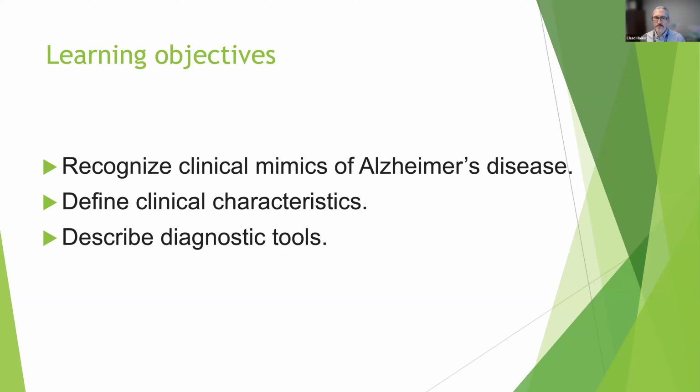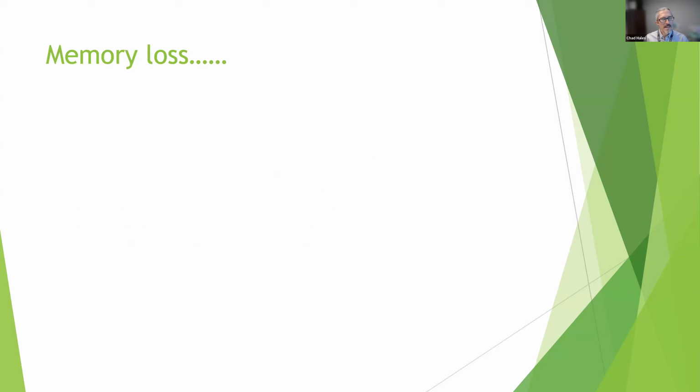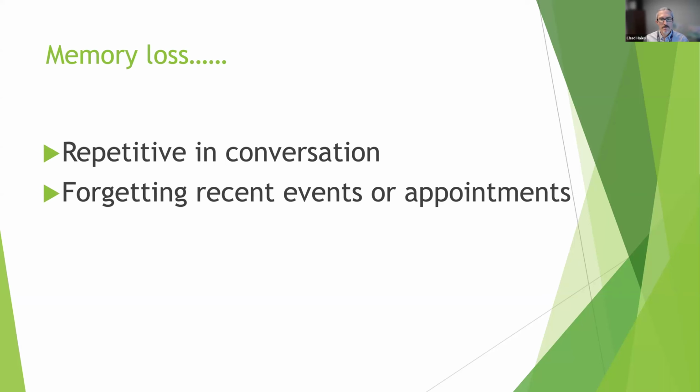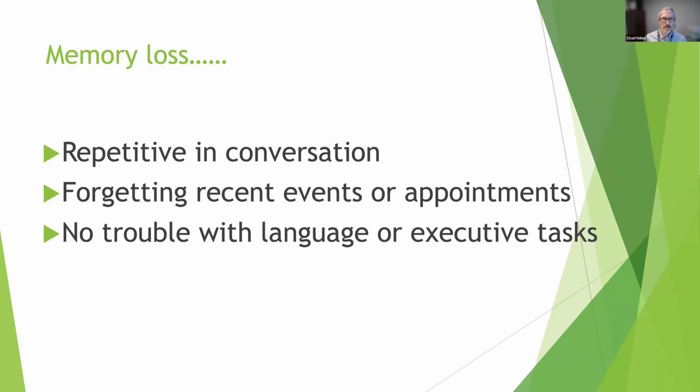So I'm not going to present a lot of patients, but all the patients that I will chat about have a common theme in that they have memory loss. And by memory loss, I mean they're repetitive, they forget recent events or appointments, not really having trouble with language or executive tasks, but we recognize that some patients with Alzheimer's and other disorders can have impacts to those other symptoms and cognitive domains.